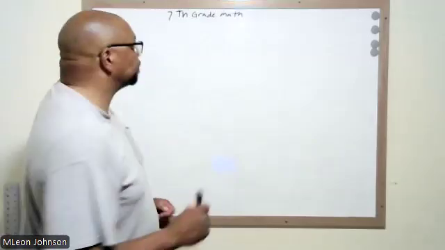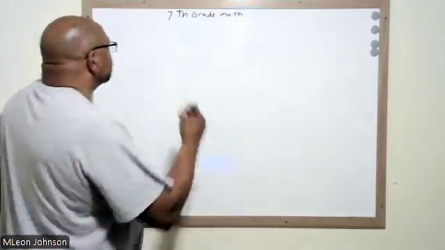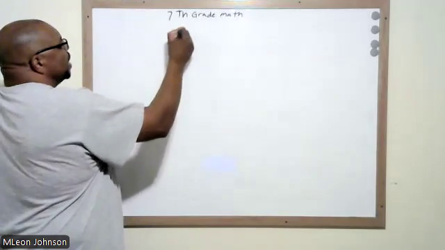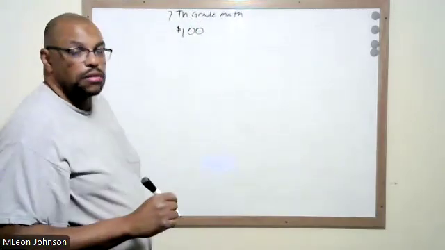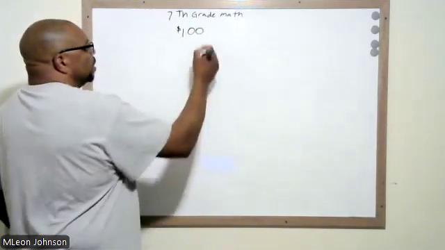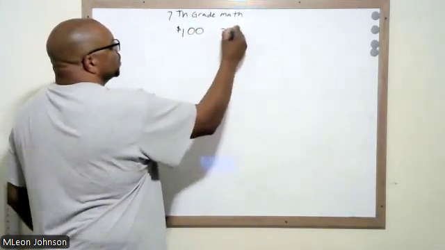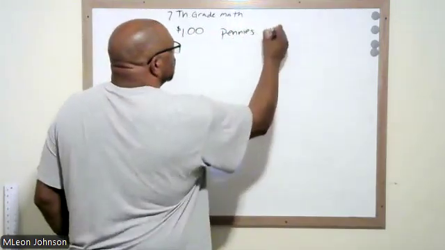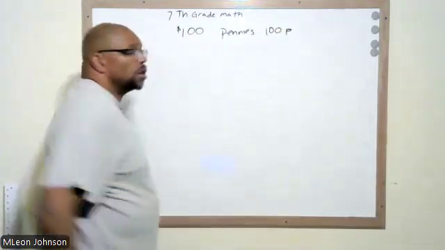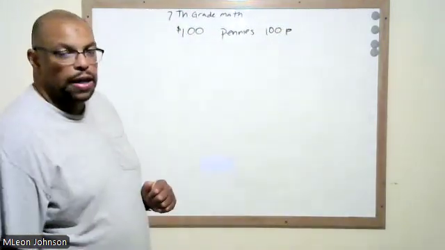So first things first. Now, if I had $1, how many pennies is in $1? Pennies in $1 is 100. 100 pennies is $1. Okay?